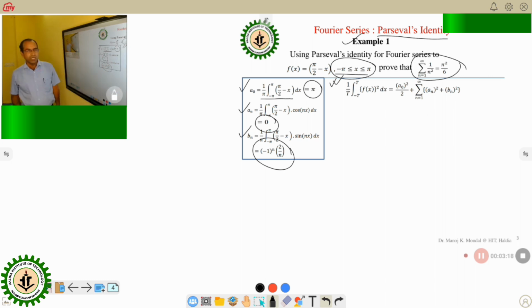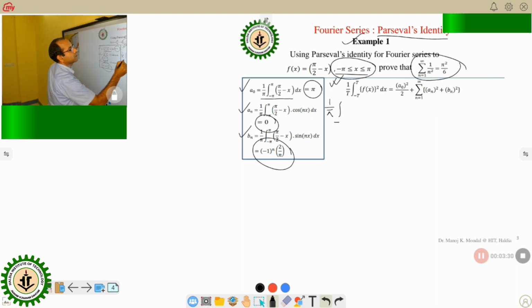Now we have to put in the general formula. Here the range is minus pi to plus pi. So if I put in the values, it will be 1 by pi integral of x, pi by 2 minus x whole square dx.